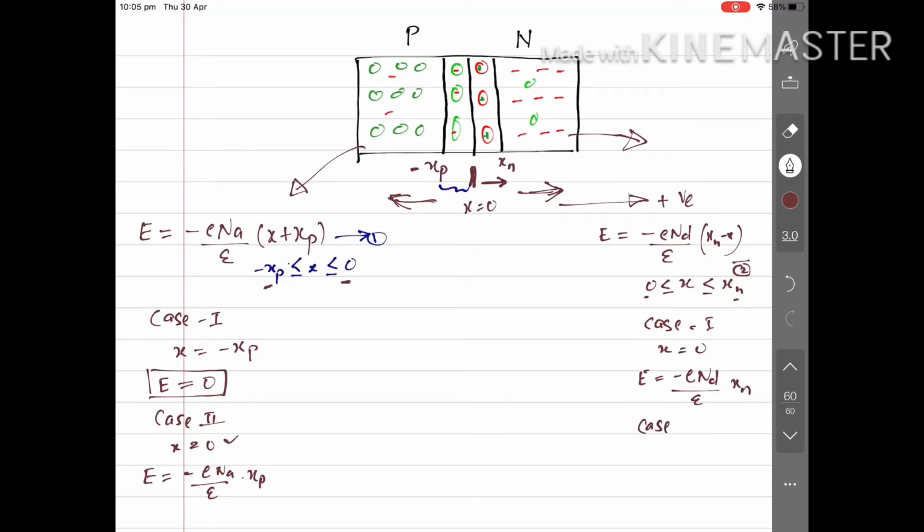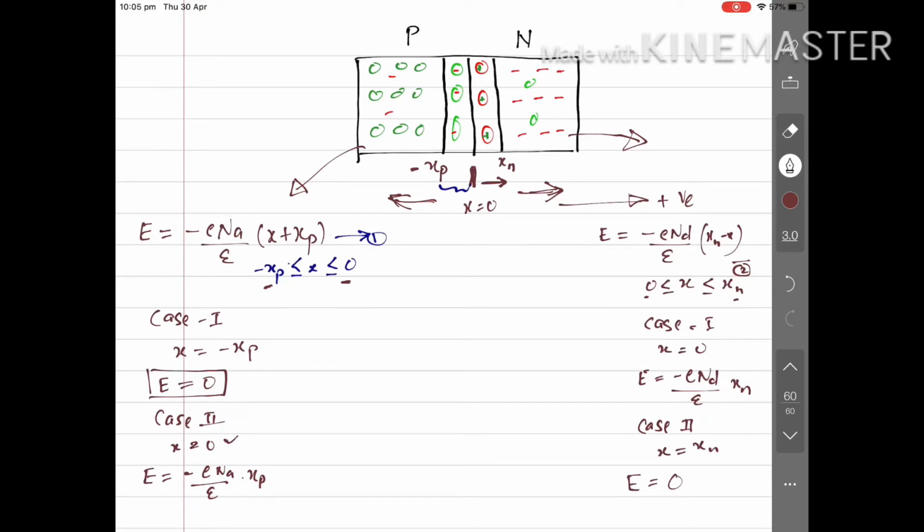And case 2, when the value of x is x of n. Once I put x equal to x of n in equation 2, the value of E which I will get is 0.